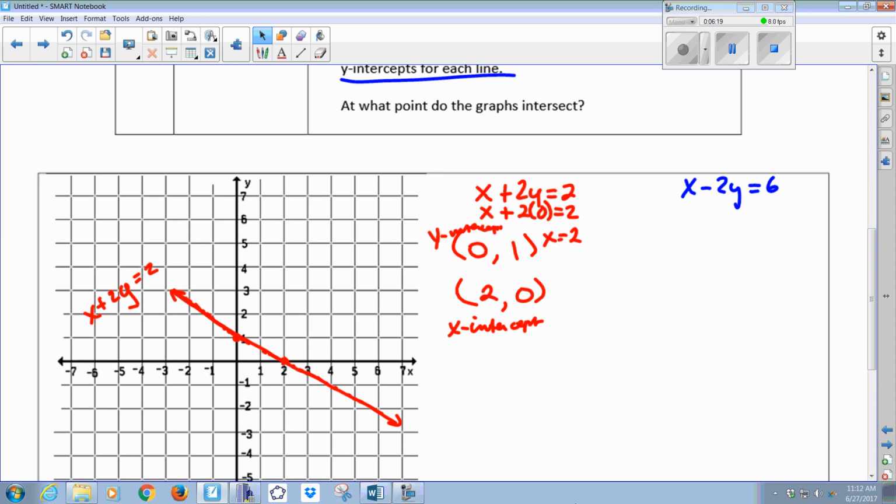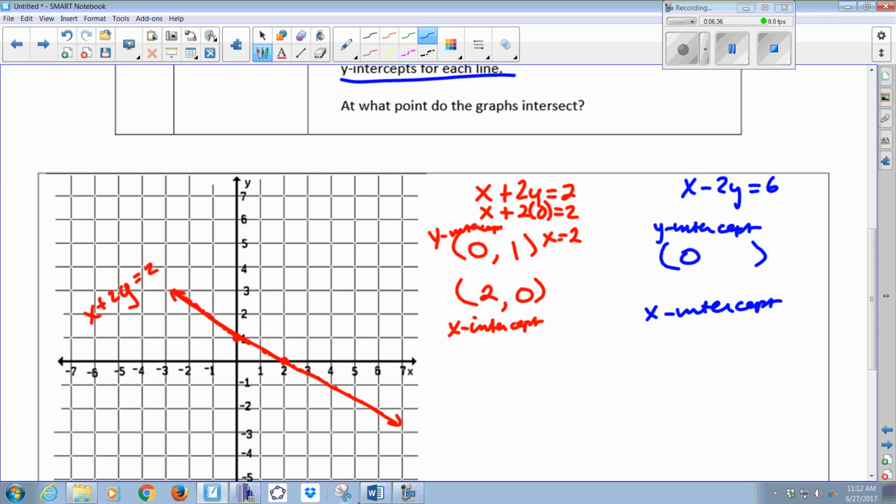Now, x minus 2y equals 6 can be done the same way. Find the y-intercept and the x-intercept in any order you want. It doesn't matter. Again, for the y-intercept x is 0, and for the x-intercept y is 0. When x is 0 here, we get 0 take away 2y equals 6, so negative 2y equals 6, and y equals negative 3.